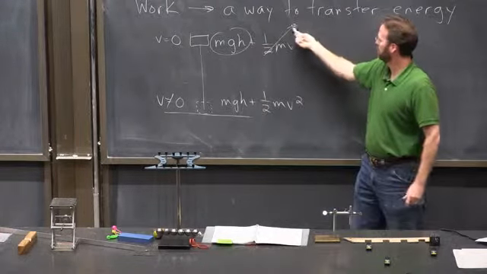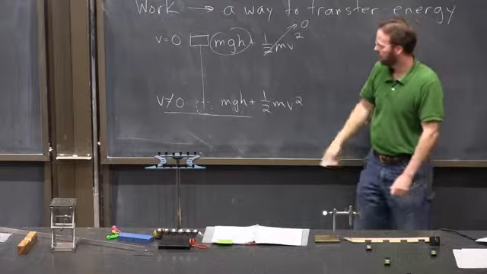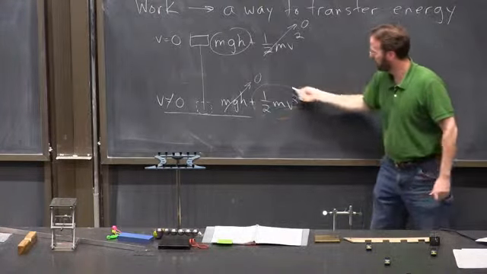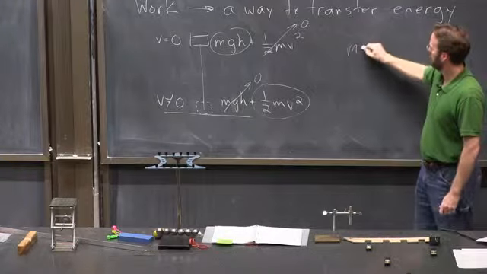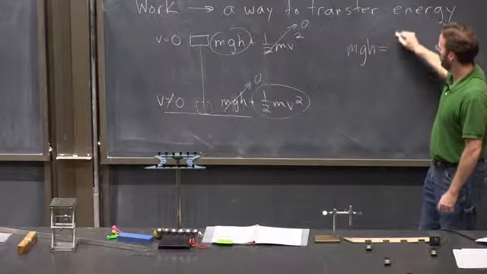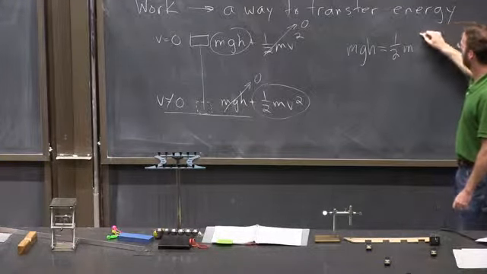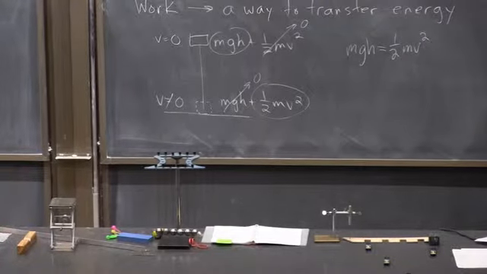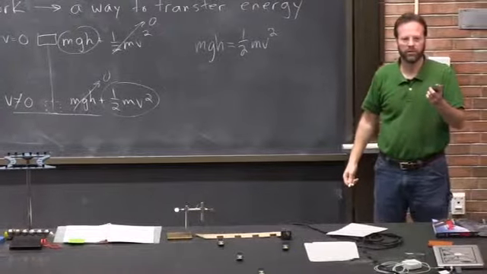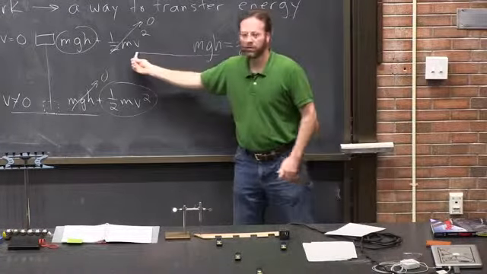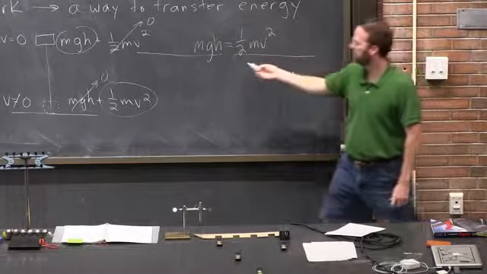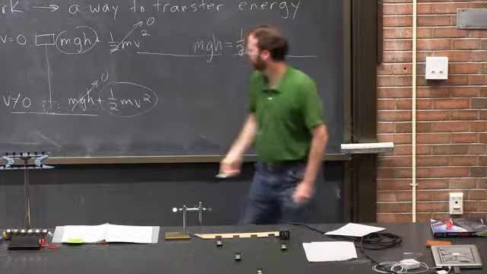This is 0 to start with. And down here, you have no height. It all got converted into kinetic. So that must equal that. Does that make sense? The total before equals the total after. In this case, we just had a 0 and a 0.